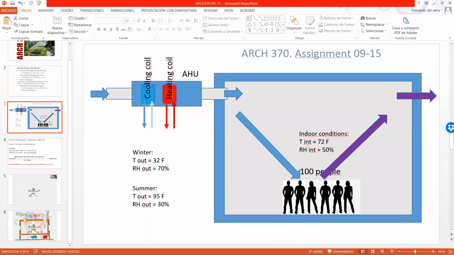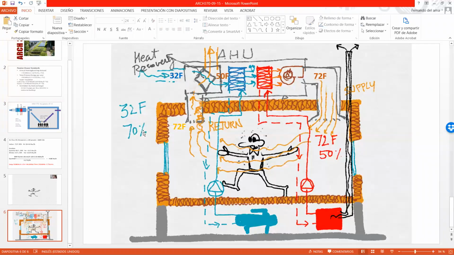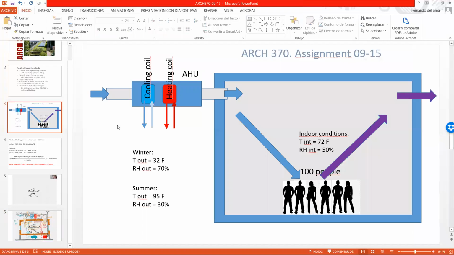In that schematics, it wasn't like this. So in this, okay, this temperature was 32 and that temperature was 72.